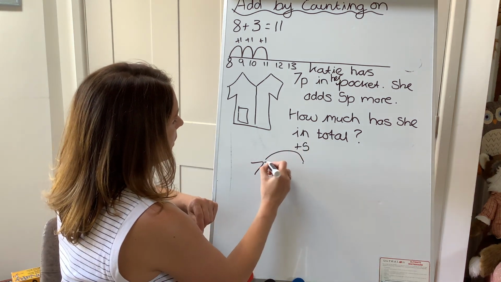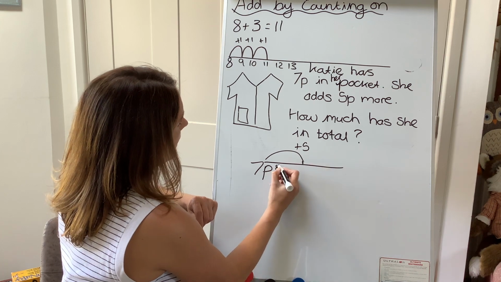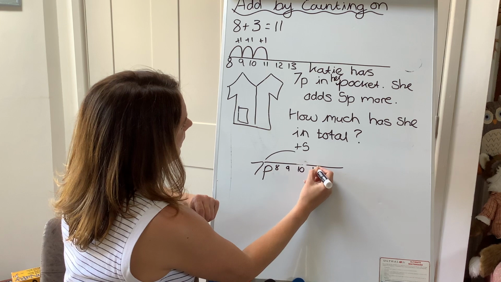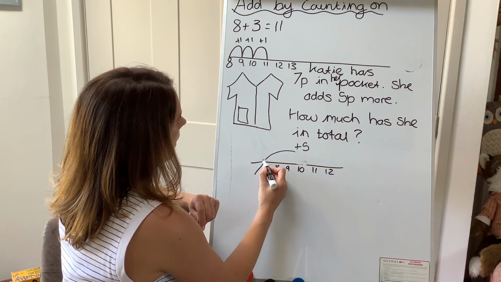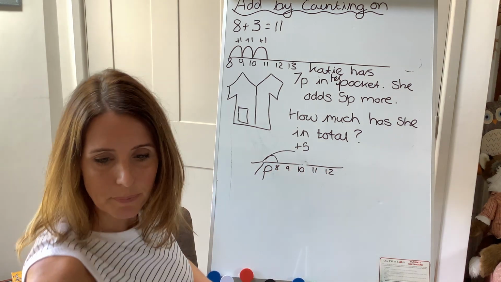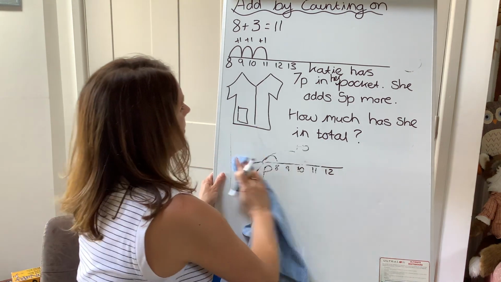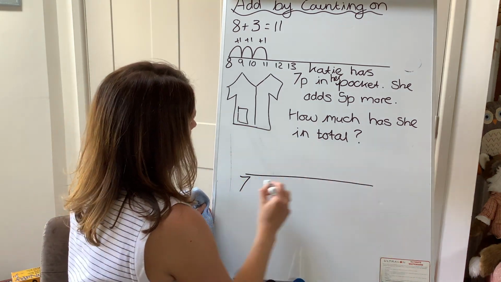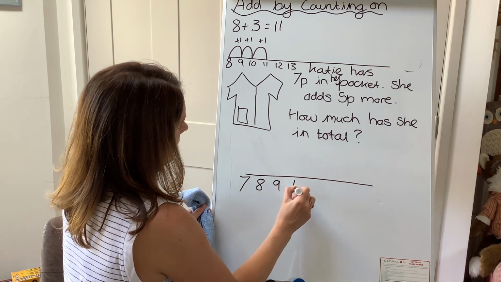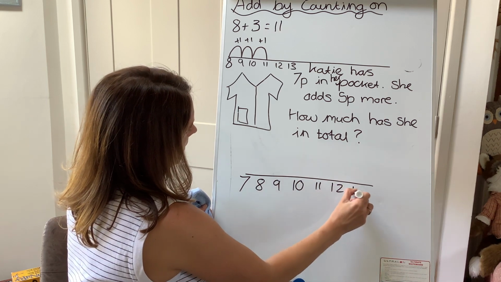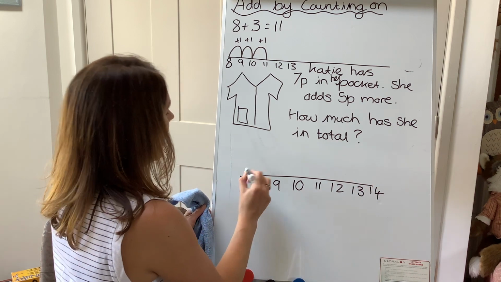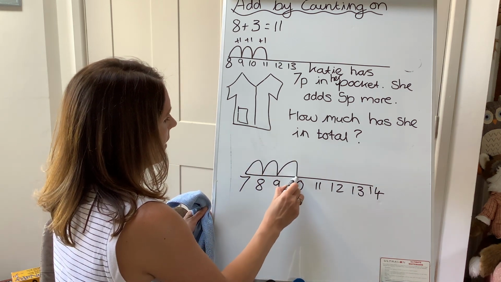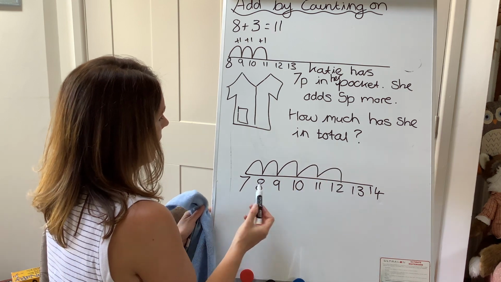So we could add this on a number line. 8, 9, 10, 11. So we start at 8 and we want to add on 5 more. 1, 2, 3, 4, 5.